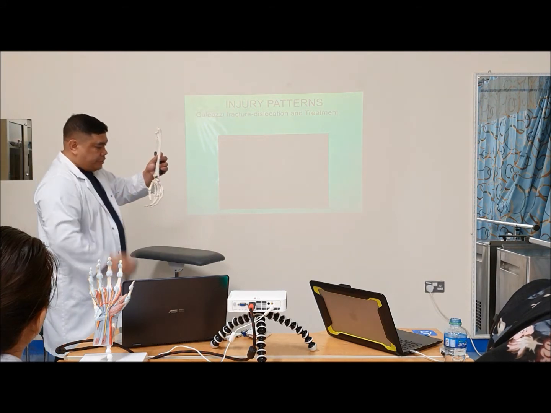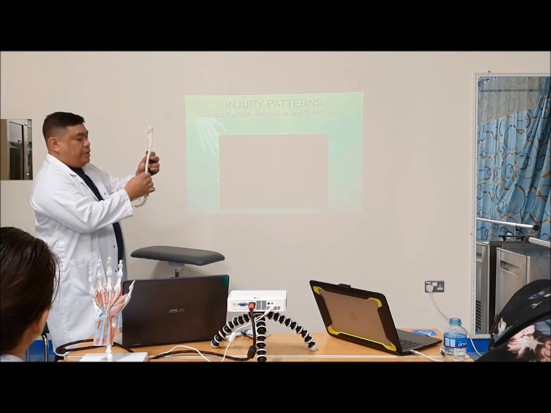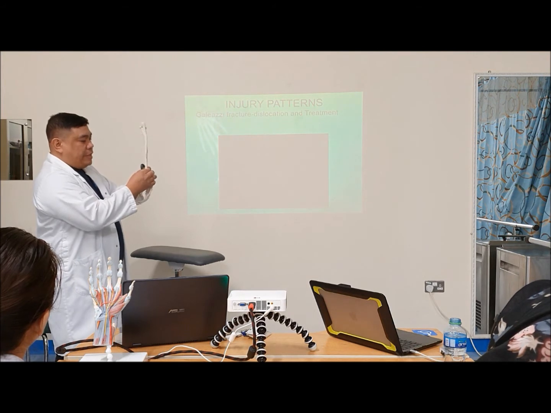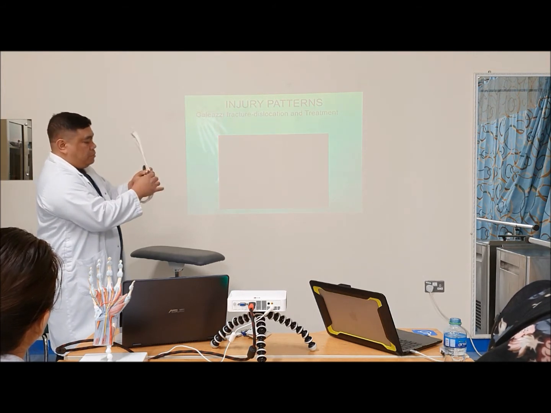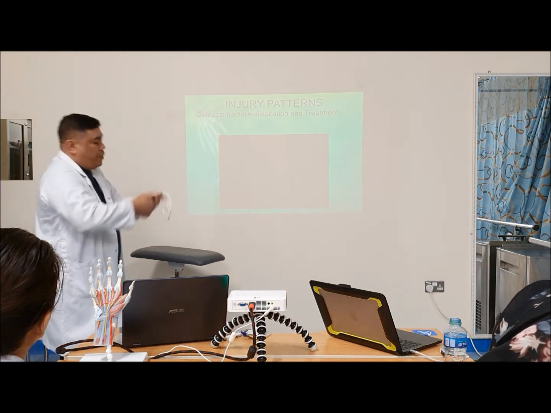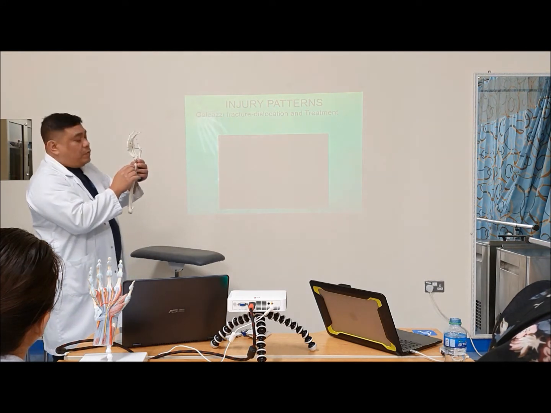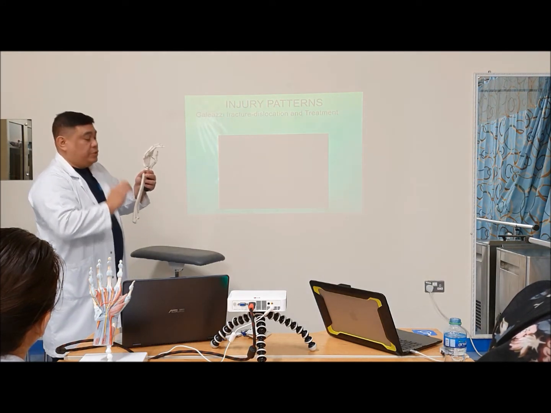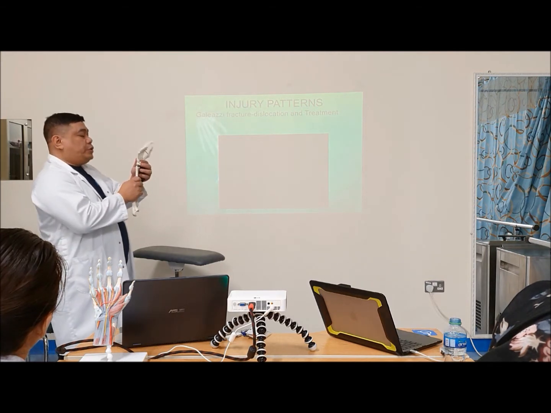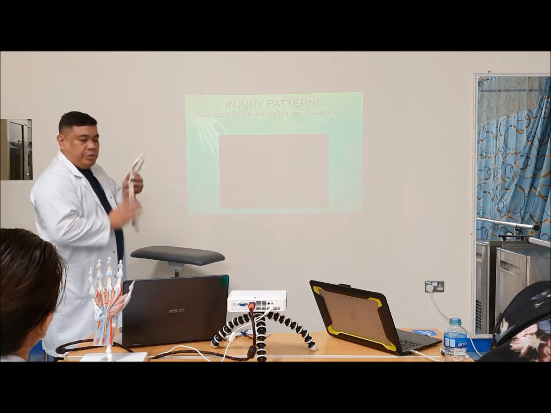What are those structures? The distal radioulnar joint ligaments are responsible for the stability of your joint. And the styloid of the ulna is the insertion of the TFCC, which is also responsible for the distal radioulnar joint.